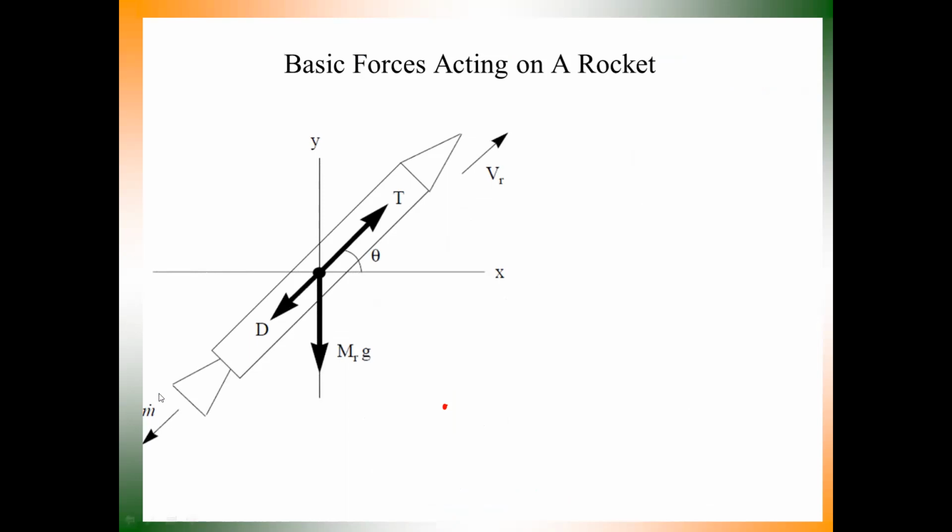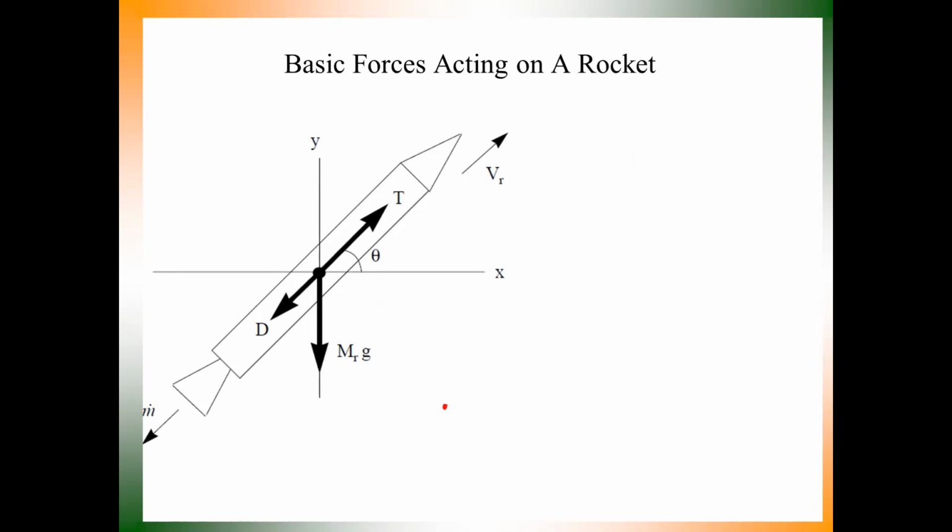This is the mass flow rate, m dot. This is the direction of velocity, this is the thrust force, which is taking the vehicle in the forward direction, and this is the drag force. These are some of the fundamental forces acting on a moving vehicle.